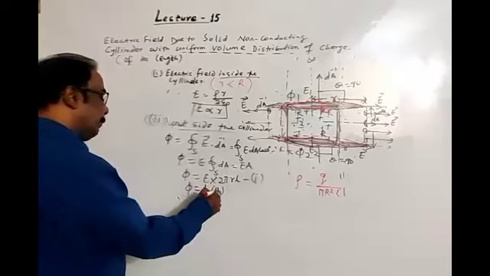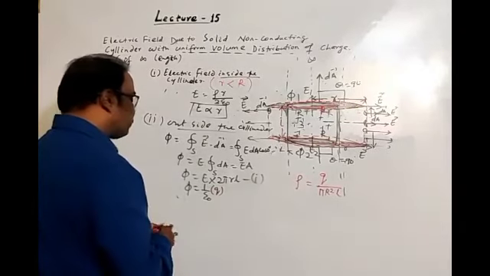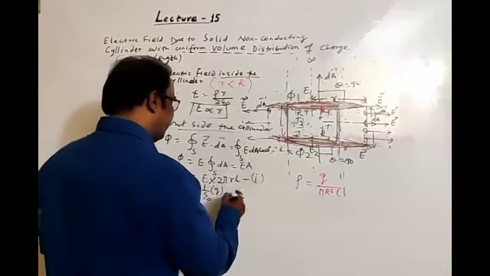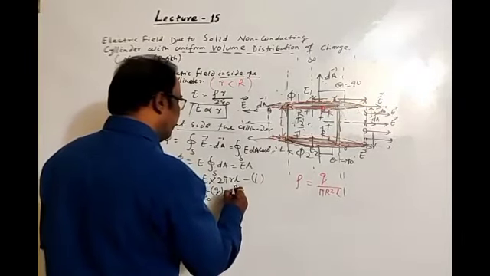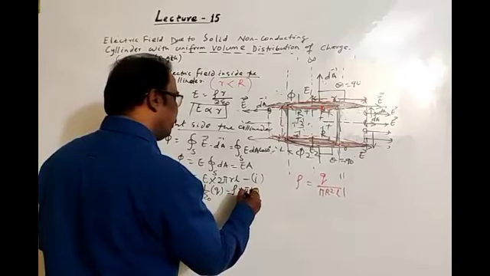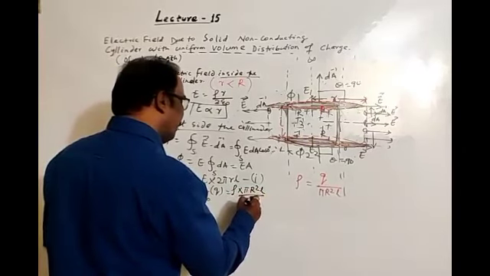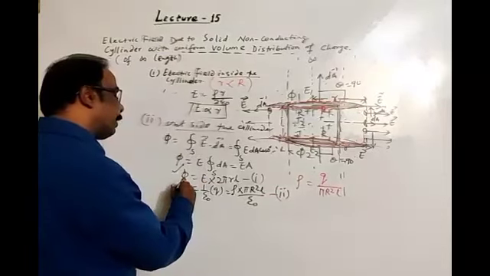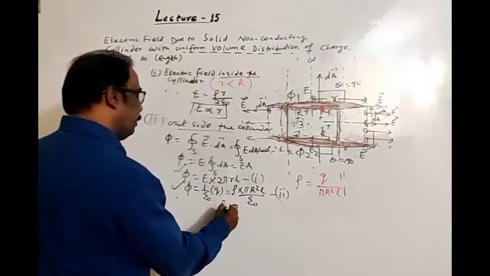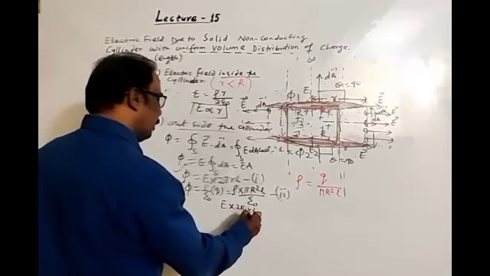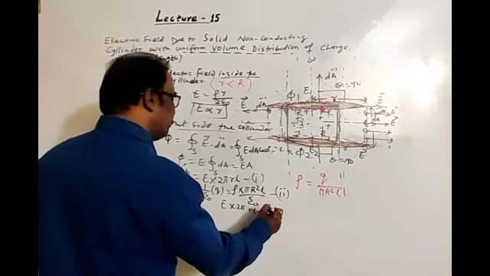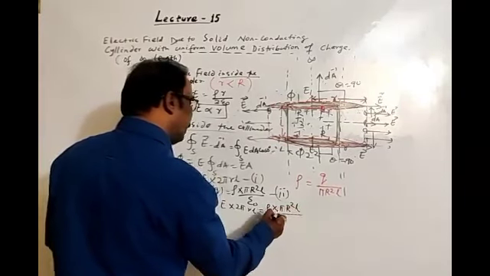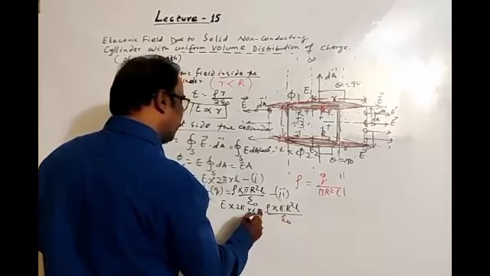Then in place of Q we can write flux is equal to uniform volume charge density into pi r square L divided by epsilon naught. This is equation 2. Now equating equation 1 and 2, E into 2 pi r L is equal to volume charge density pi r square L divided by epsilon naught.